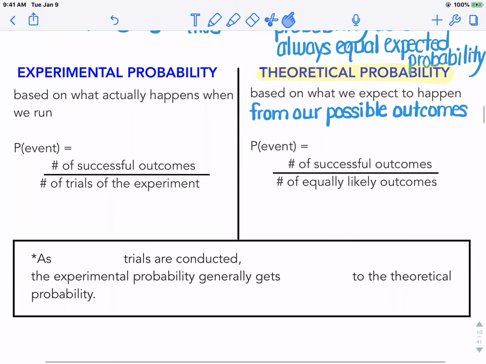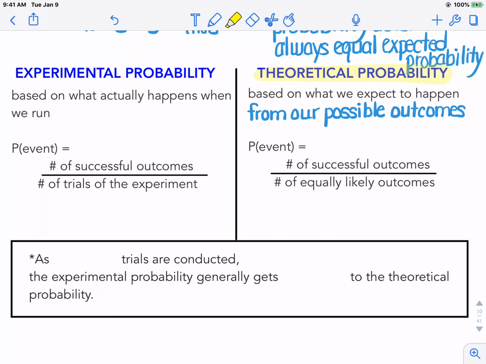So we had theoretical probability there, that the probability of an event is always going to, in theory, be how many outcomes are what we want out of how many outcomes were possible, equally likely outcomes. And you've done a lot with that kind of probability in school before.